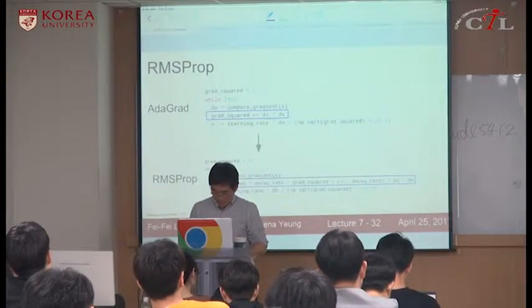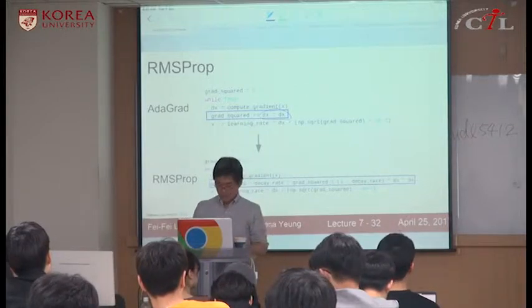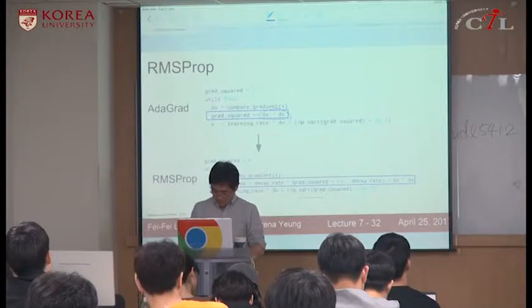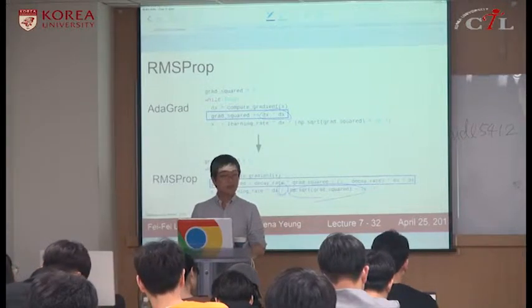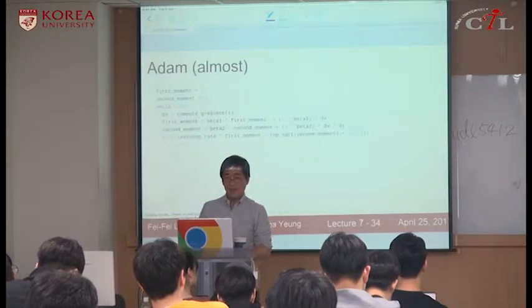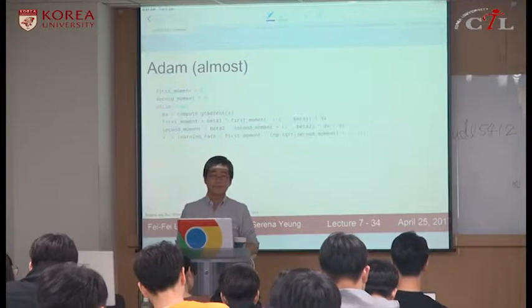Okay, so that way we accumulate this squared gradient with a running average, and then divide by it, by the dimension number. Adam is the combination of RMSprop and momentum.